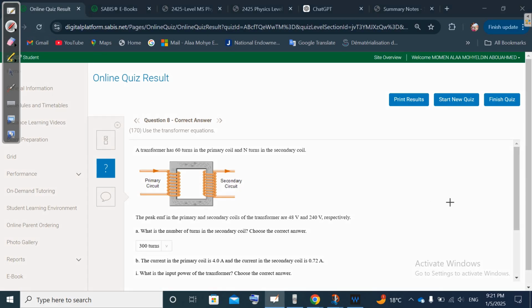To do part A here, you have to do number of turns of the primary over number of turns of the secondary equals voltage primary over voltage secondary. So the number of turns in the primary, which is 60, over number of turns in the secondary coil, which we don't know, equals the voltage at primary, they told you it's 48, over 240.